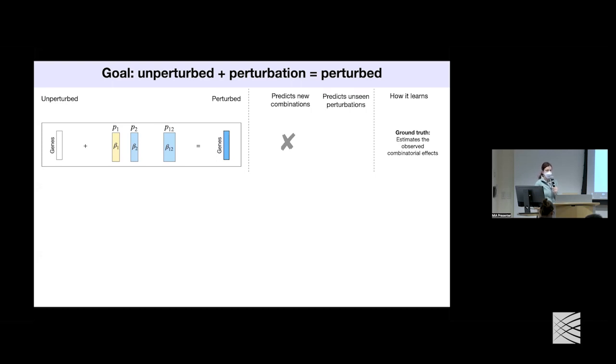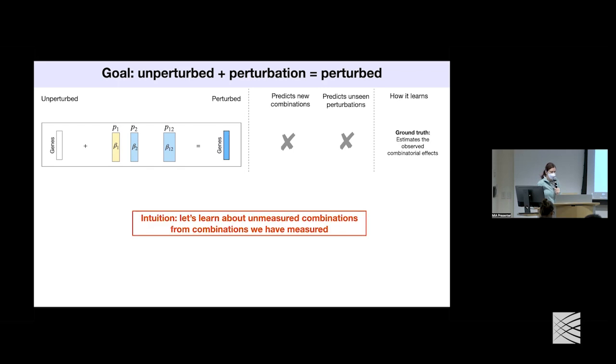And of course, it's also not able to predict perturbations that were not seen at all, even as a single perturbation in our data set. We'll talk about ways to predict these. The intuition you might have at this point is that we should be able to make predictions about combinations of perturbations we haven't measured just by their similarity to perturbations that we did measure.